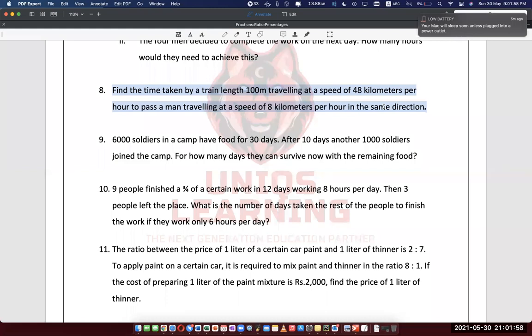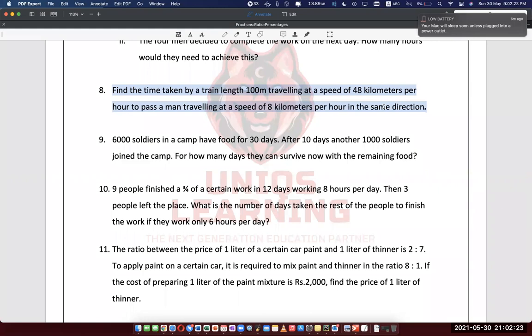The time taken by the train to travel 48 kilometers is going to be 1 hour, right? Why? The speed of the train is 48 kilometers per hour. That means to travel 48 kilometers, the train took 1 hour.